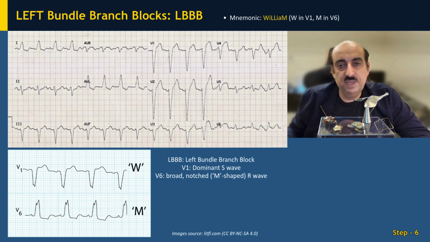The mnemonic is WilliaM, so W in V1 and M pattern in V6. So a predominantly deep and dominant S wave in lead V1 leads to the characteristic W pattern, and then a broad notched M pattern in the R wave in V6 due to the second notched R.